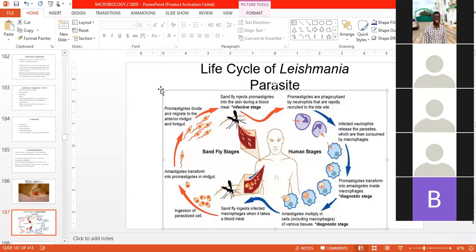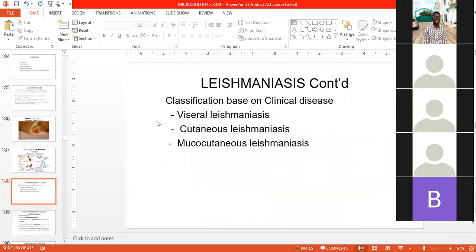Any other sandfly coming for a blood meal will pick up the macrophages, which have the amastigotes in them. They pick the amastigotes out once again, and within the sandfly they are transformed to promastigotes once again for the cycle to continue. Hope I'm clear.